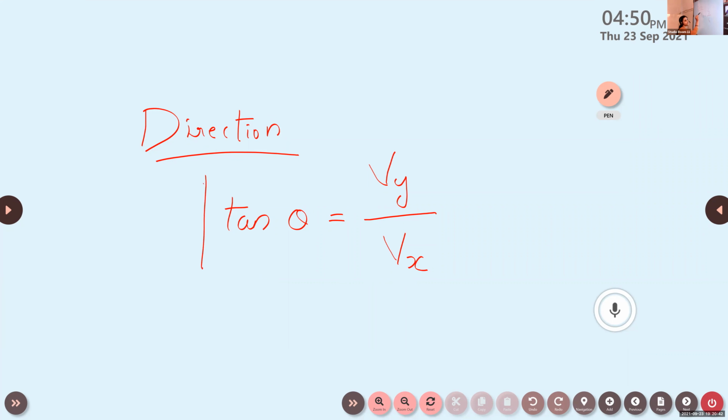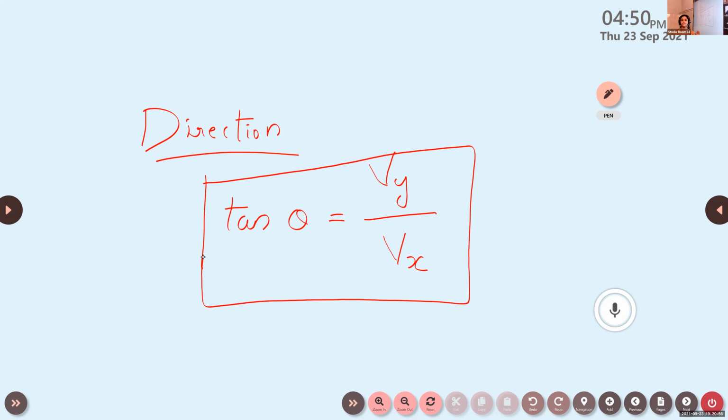So this is the equation for calculating the direction if the velocity vector is given. If we have a velocity vector, we can easily calculate the direction of the object in motion using tan theta is equal to Vy by Vx.